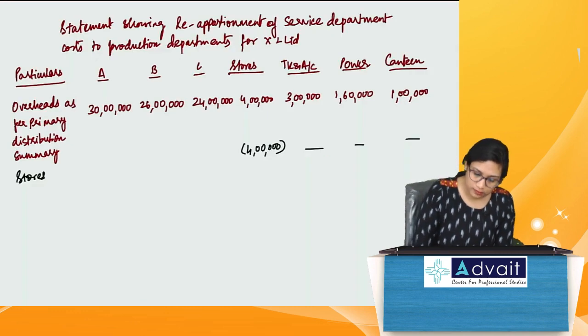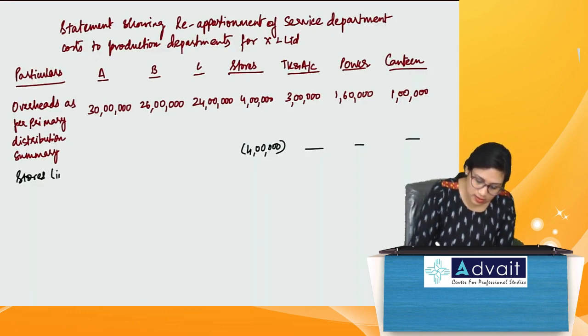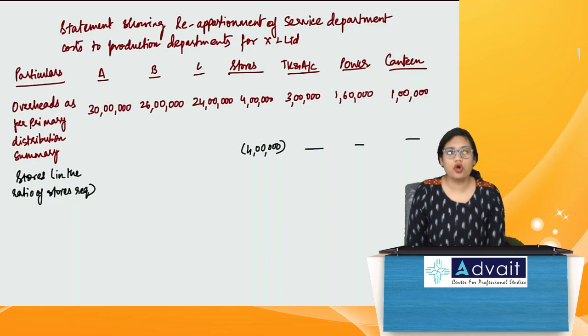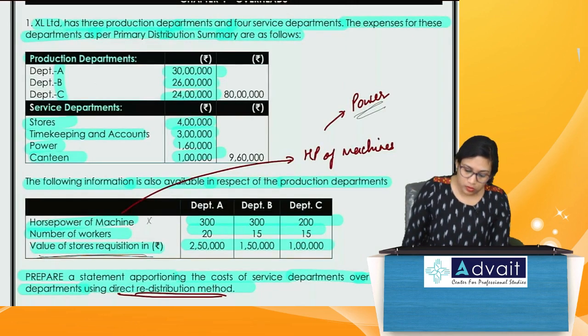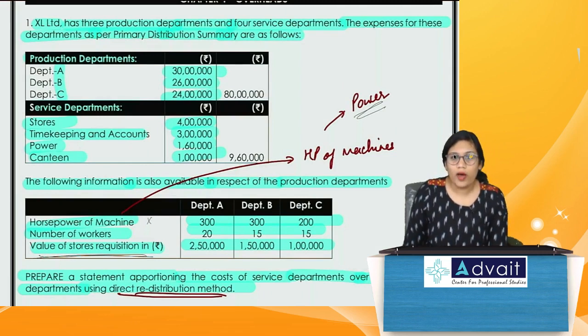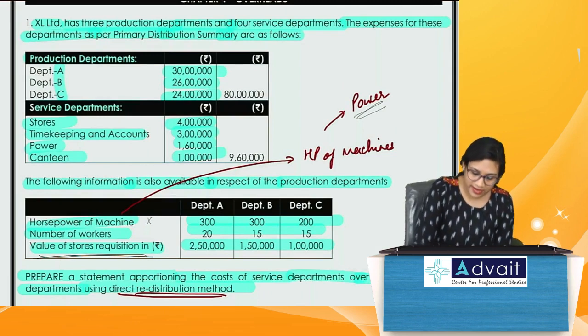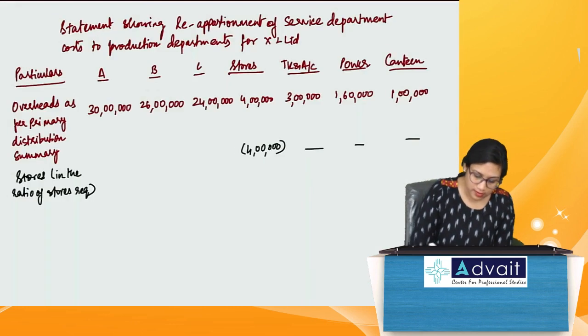So let's write down the ratio of stores requisition: 2,50,000 is to 1,50,000 is to 1 lakh. We'll make it smaller. Can I say it is 2.5 is to 1.5 is to 1?